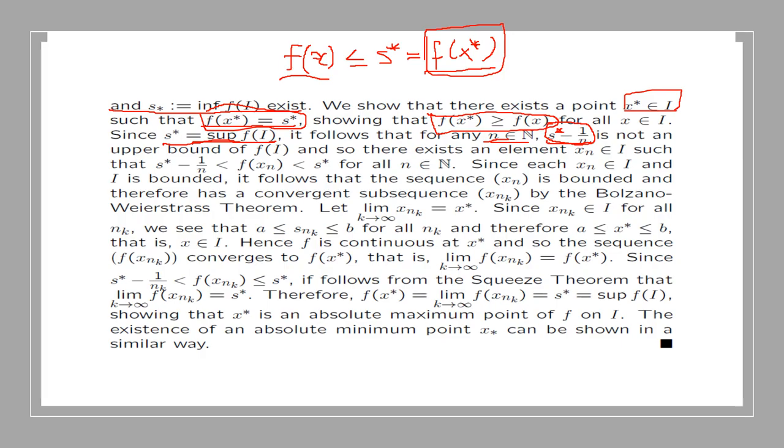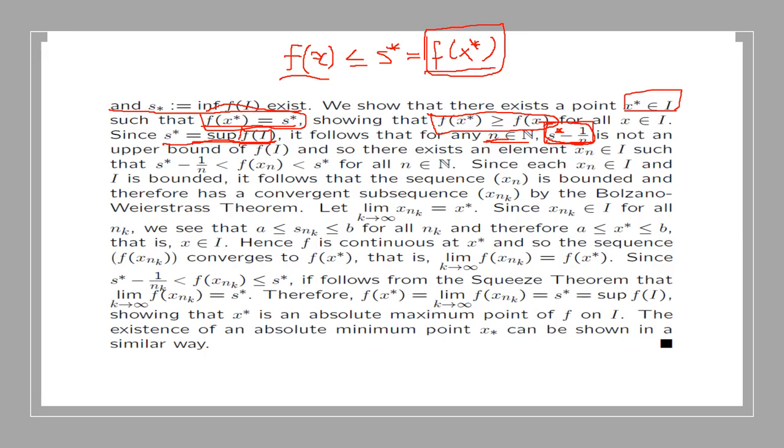So for each natural number n, s star minus 1 over n is not an upper bound of the set f of I.